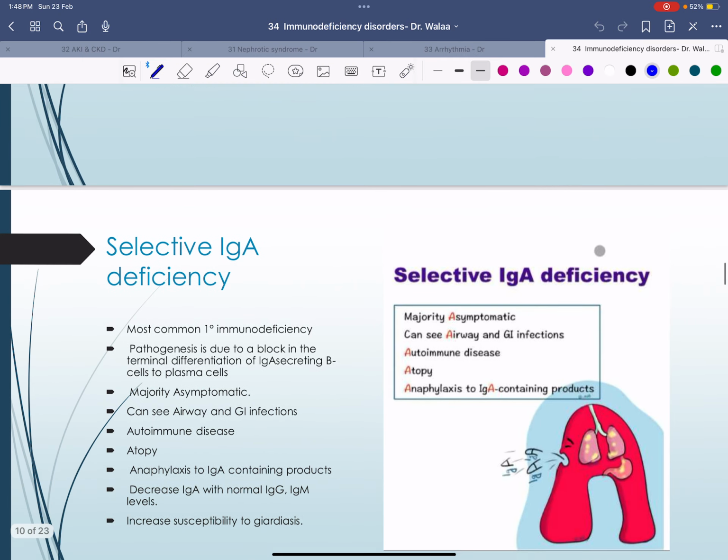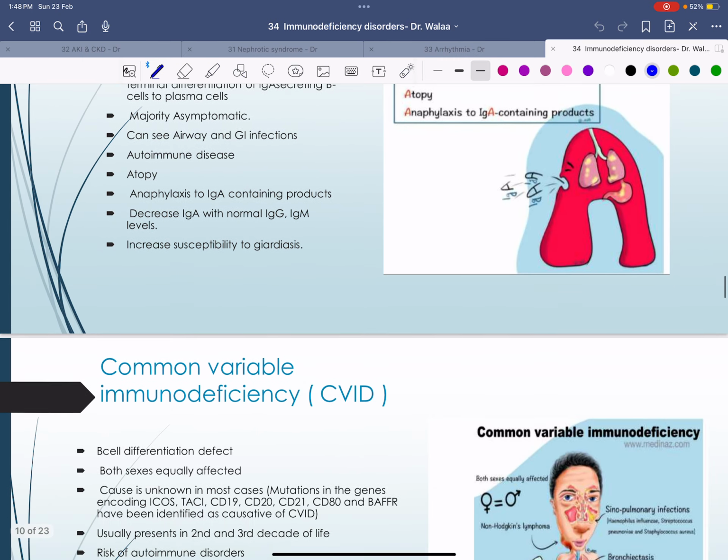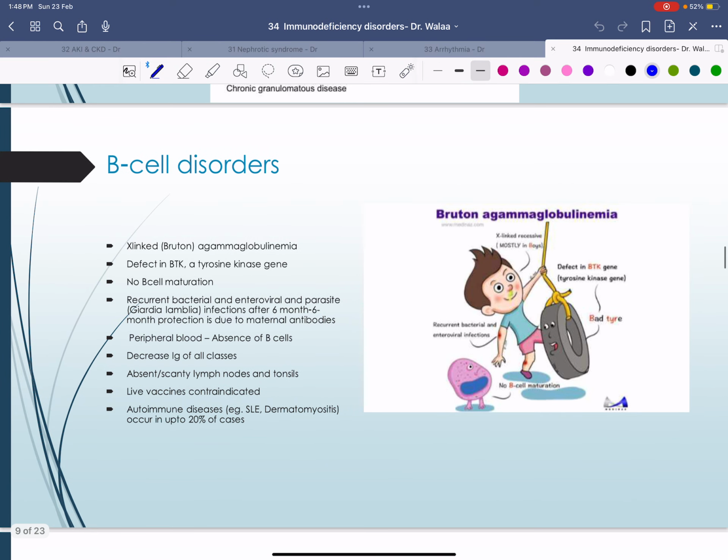It's not only, as we said, about susceptibility to infections. People with B-cell disorders or X-linked agammaglobulinemia have a 20% increased chance to develop autoimmune disorders like SLE, for example, rheumatoid arthritis. They're also susceptible to autoimmune cytopenias. They're also susceptible to malignancies as well.